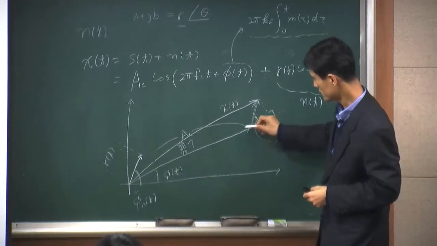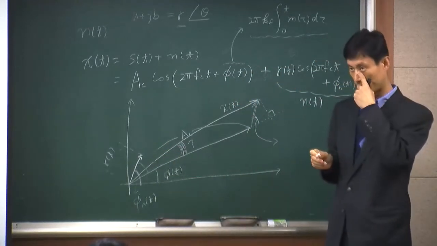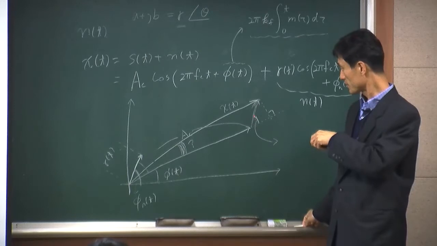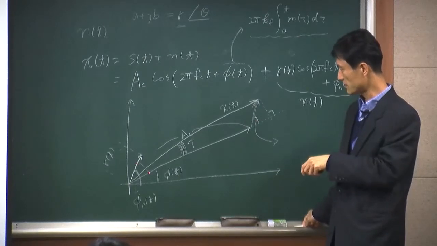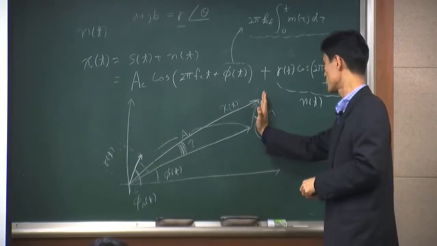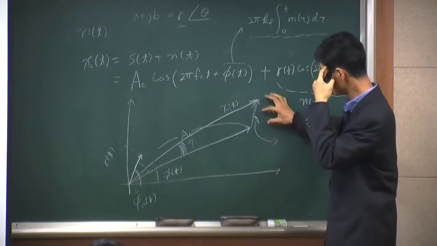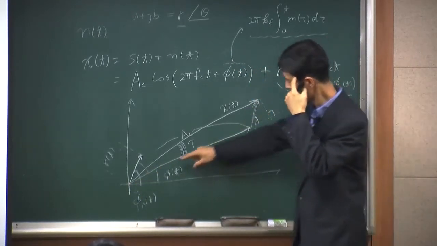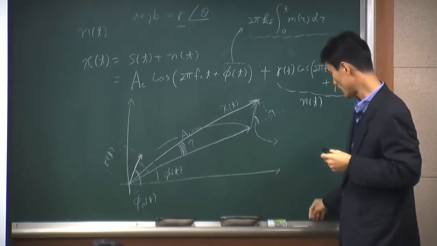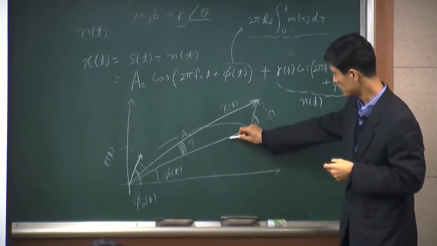That angle is the same as this angle, because we simply shifted and moved this one here. So this angle is going to be this minus this.